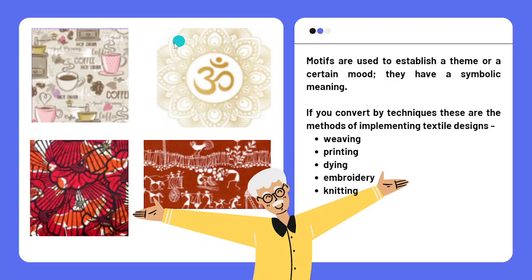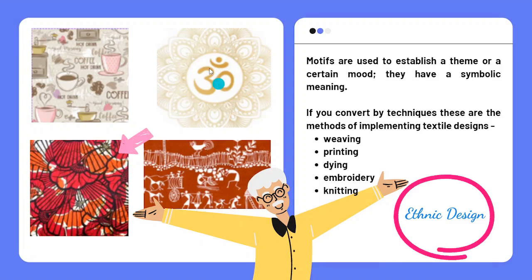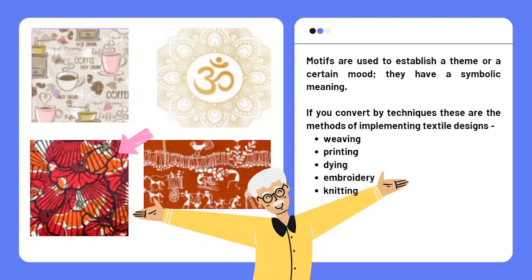Here the motif is inspired by a lotus, and it has a very classical looking symbol in the middle of it. At the bottom you can see a fabric swatch with an all over design on it, and by the look of the colors you can make out that it is very exotic.